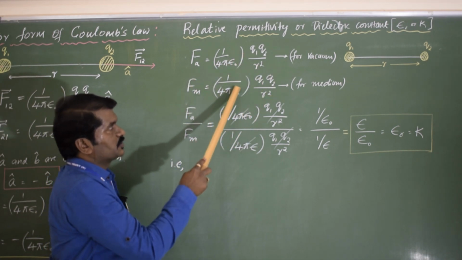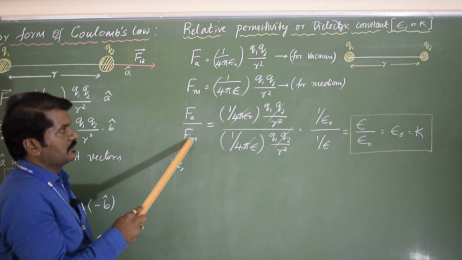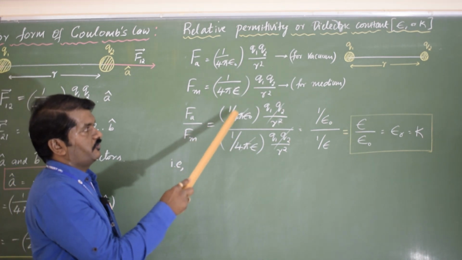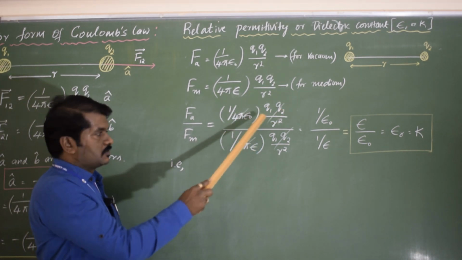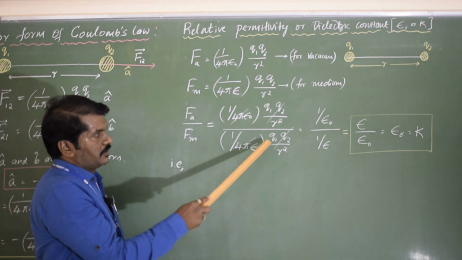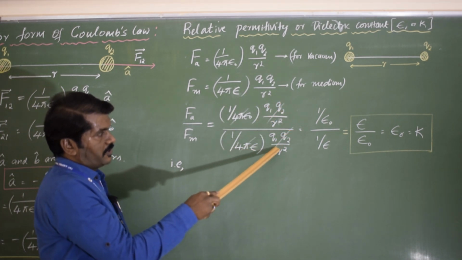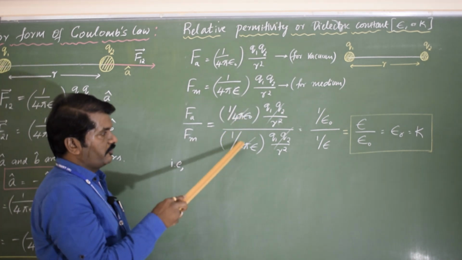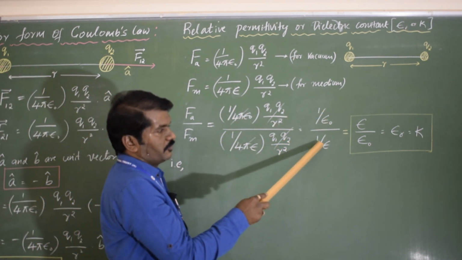If we take the ratio of these two expressions, that is Fa divided by Fm is equal to the ratio of 1 by 4 pi epsilon naught Q1 Q2 by R square to 1 by 4 pi epsilon Q1 Q2 by R square. So here Q1 Q2 by R square get cancelled and 4 pi gets cancelled. The remaining will be 1 by epsilon naught divided by 1 by epsilon.